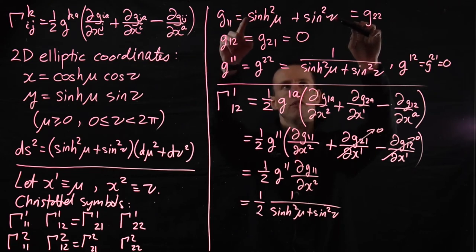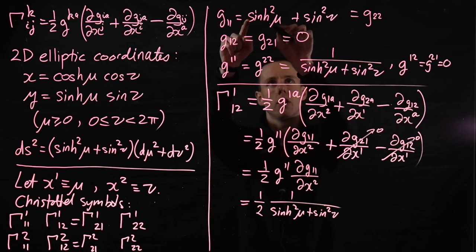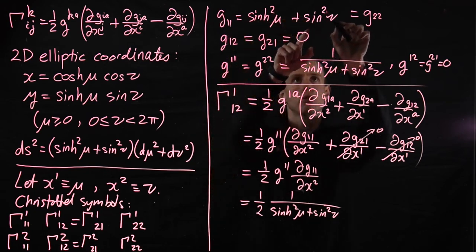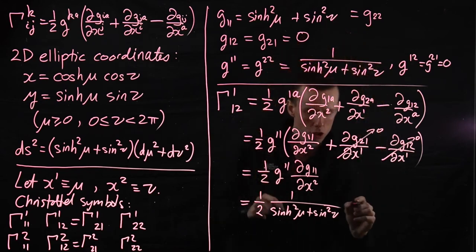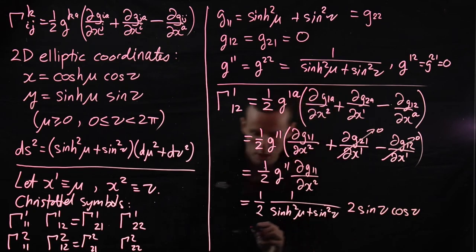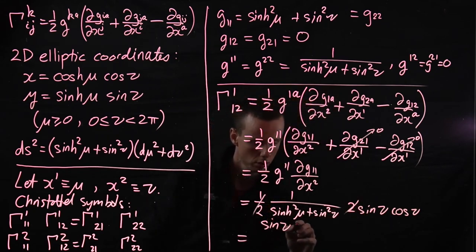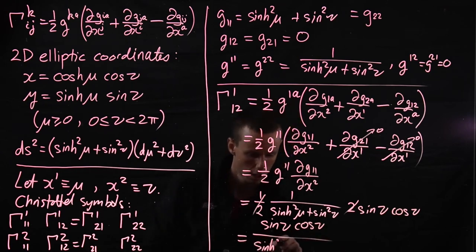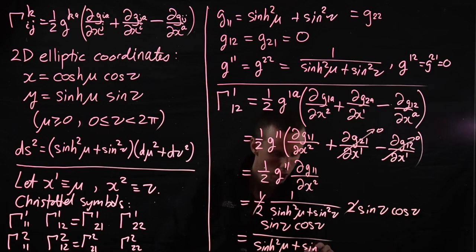Okay, so it's the derivative of this with respect to x2, which is nu, and that doesn't depend on nu, that's just sine squared mu, and so I will just have 2 sine nu cos nu. Okay, and the half cancels the 2, so in the end I just have sine nu cos nu divided by sine squared mu plus sine squared nu.